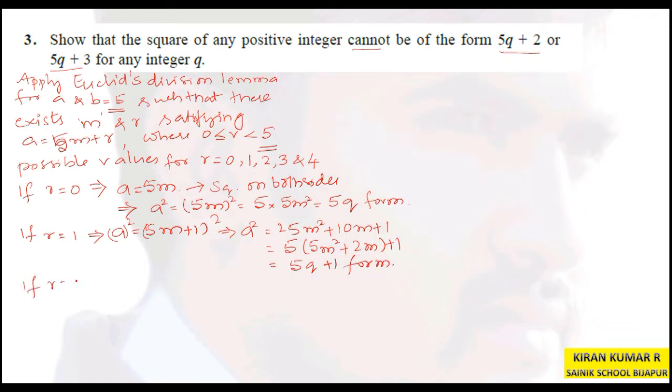If r value is 2, then let me again take the second step itself. a square is 5m plus 2 whole square.